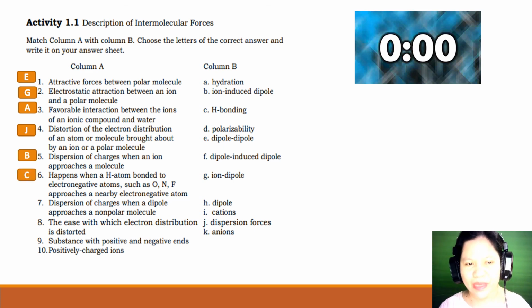Letter C for number 6, hydrogen bonding. F for number 7, dipole-induced dipole. Number 8 is letter D, polarizability. Number 9 is letter H, dipole. And number 10 is letter I, cations.